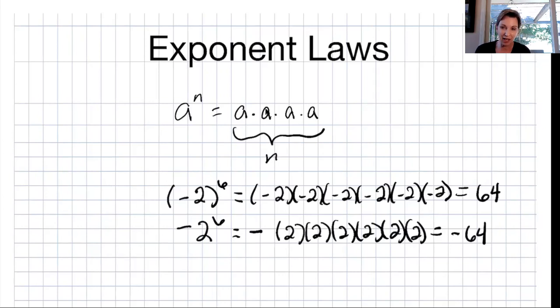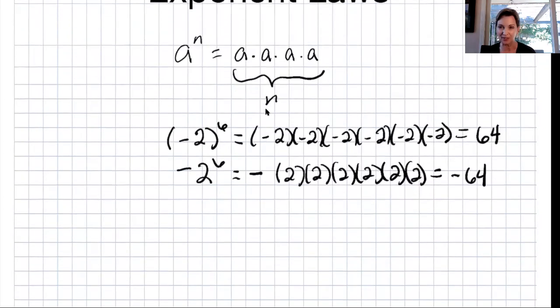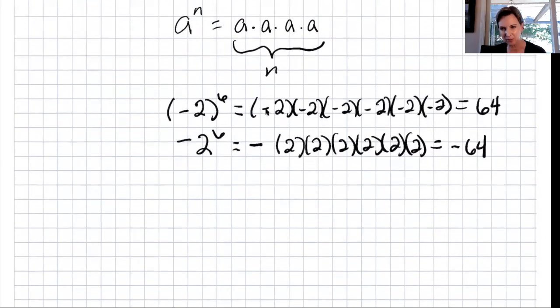We get a lot of mistakes and errors right there. You could do a really complex problem and then end up with the wrong answer just because of whether or not there were parentheses in the exponent problem. So just be super careful as we go through these problems in this particular unit to pay attention to where your parentheses are. All right, so let's go ahead and start looking at our exponent laws.